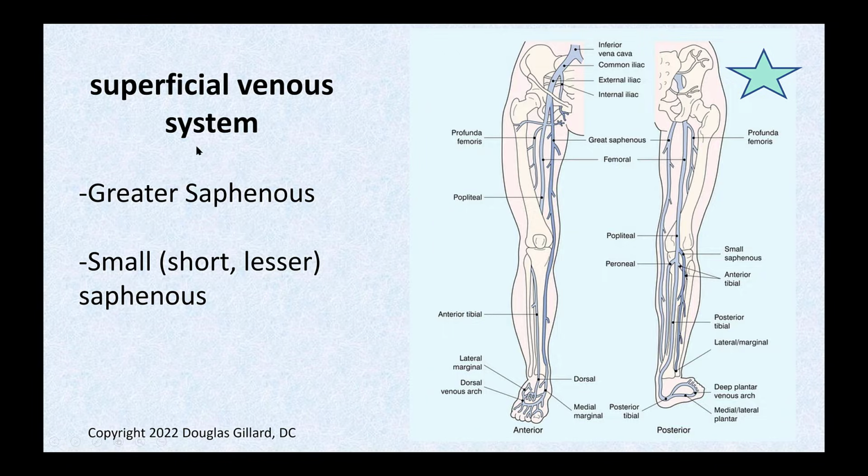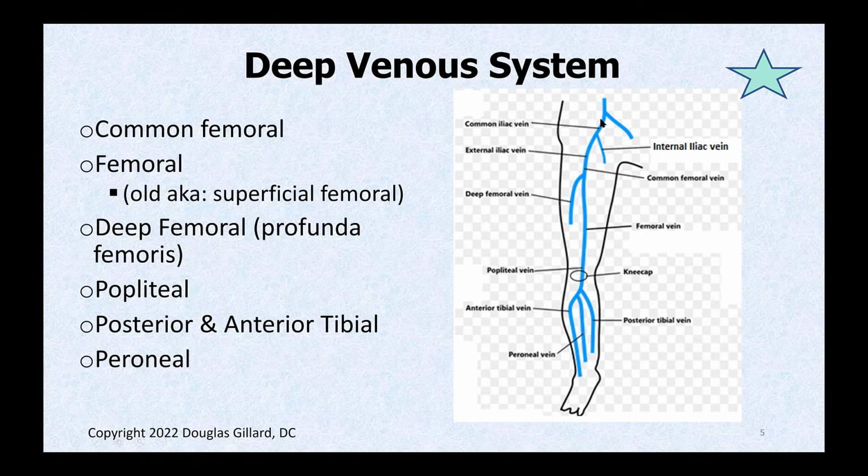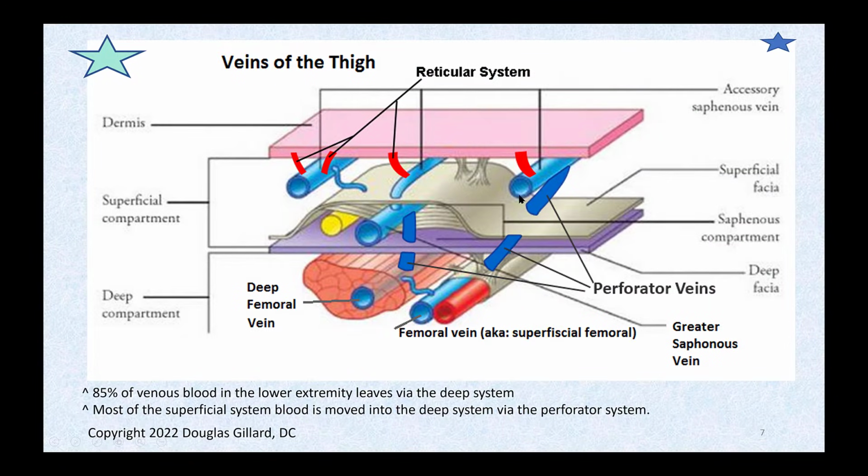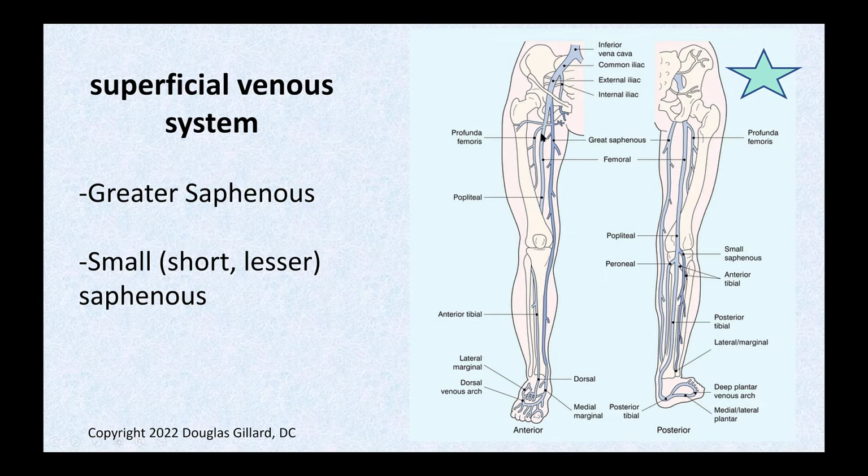So a DVT has to occur in one of these big pipes here. Superficial venous thrombosis has to occur in these superficial pipes, usually the greater saphenous or the small saphenous, or short saphenous, or lesser saphenous, whatever you want to call it. They tend to call it the small saphenous.